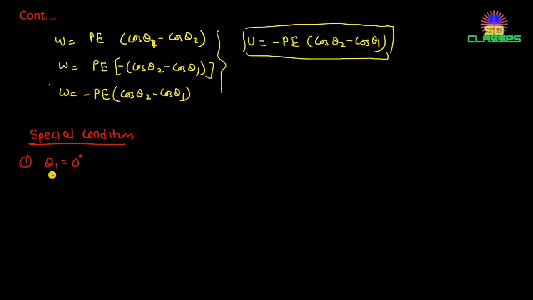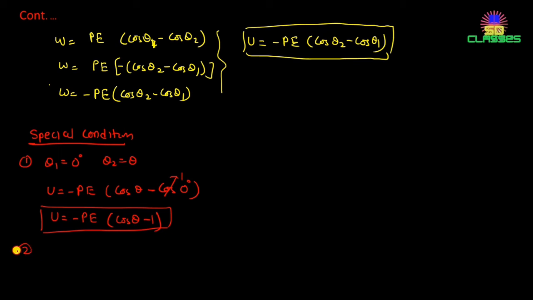Theta 1 means 0 degree and theta 2 to be theta. Then your U will be minus pE (cos theta, in place of theta 2 I will write theta, minus cos 0 degree). So this will be equal to 1. So U will be minus pE (cos theta minus 1).